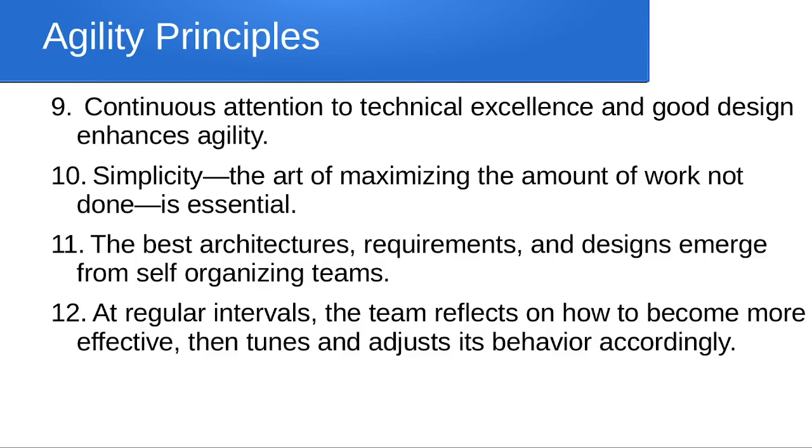Now the 12th principle says at regular intervals the team reflects on how to become more effective, then tunes and adjusts its behavior accordingly. At every regular interval, maybe 7 days or 15 days, in some companies you will see there are 7-day sprints or 12-day sprints. Every 15 days or every 7 days they meet.